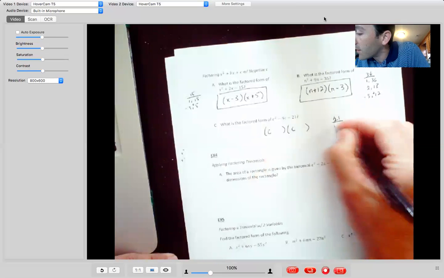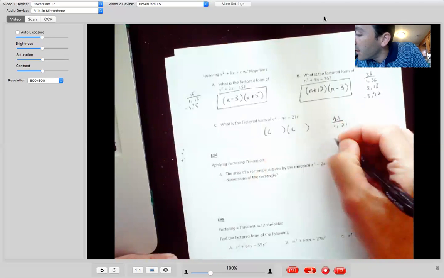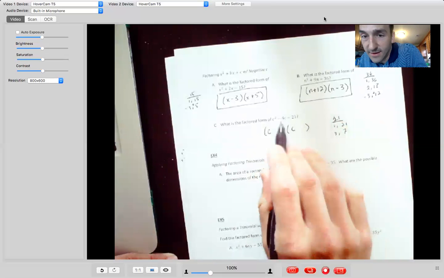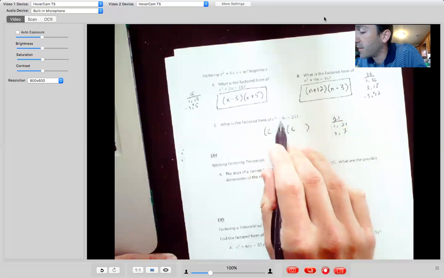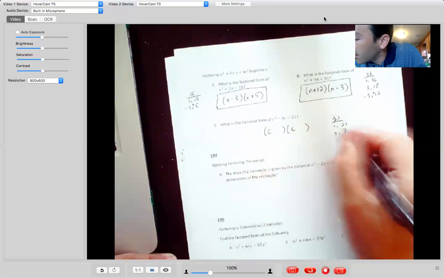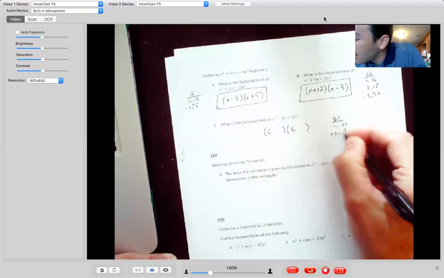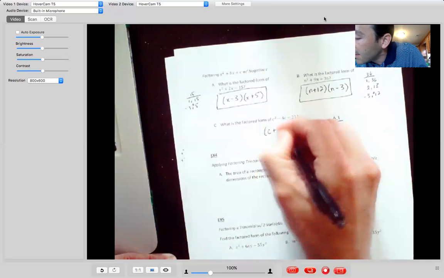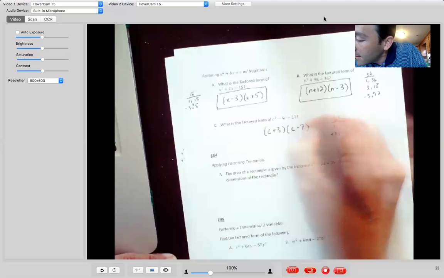So 1 and 21, those are too far apart. 2 doesn't work, 3 and 7. So there you go. All right, so now notice here that our sum is negative, so we want the larger absolute value to be the negative one. So the 3 is the plus, the 7 is the minus. So c plus 3 times c minus 7.